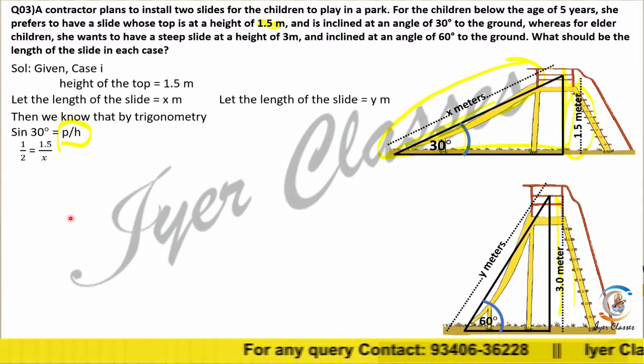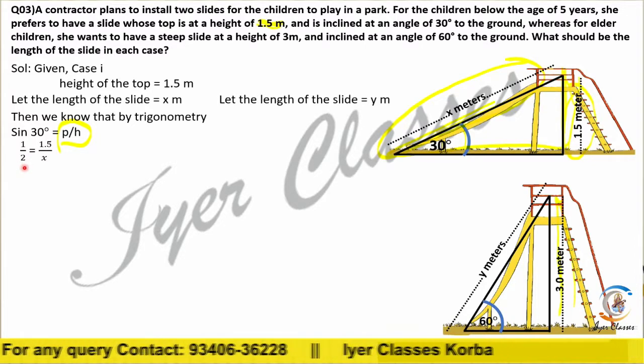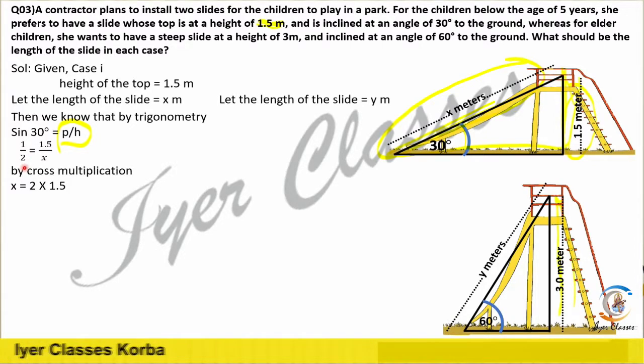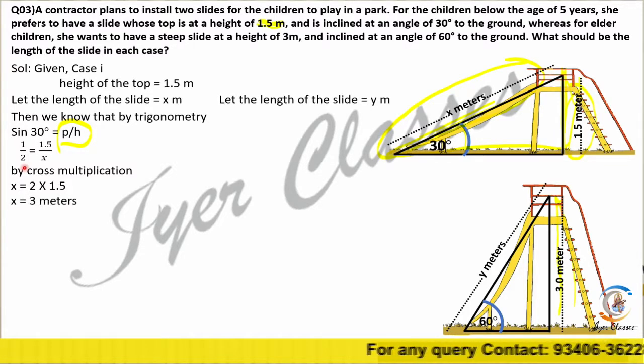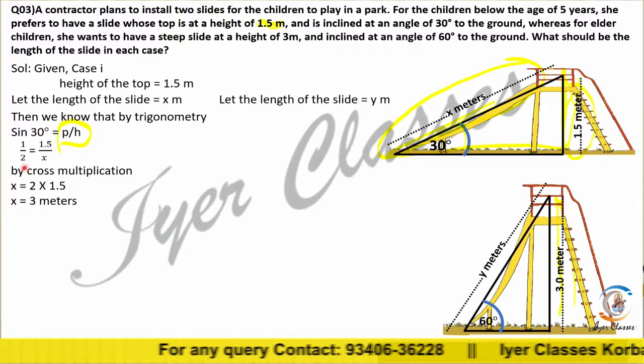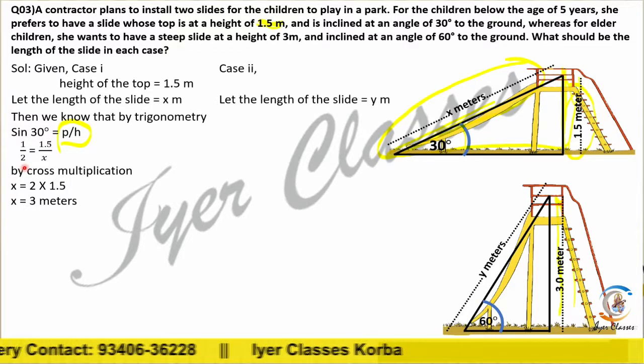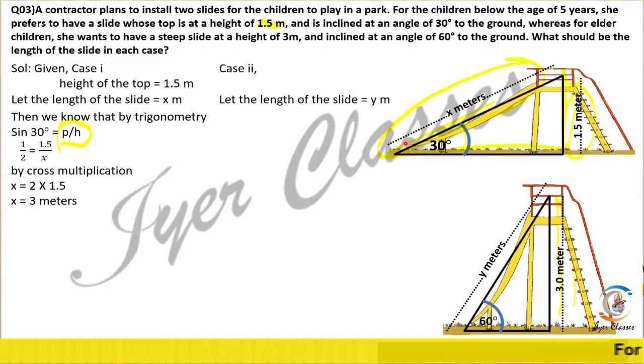It is equal to half. So, cross multiply and you get the value of x is equal to 2 into 1.5. So x is equal to 3 meters. So, what is the length of the slide in the first case? It is equal to 3 meters. This slide will be of 3 meters.